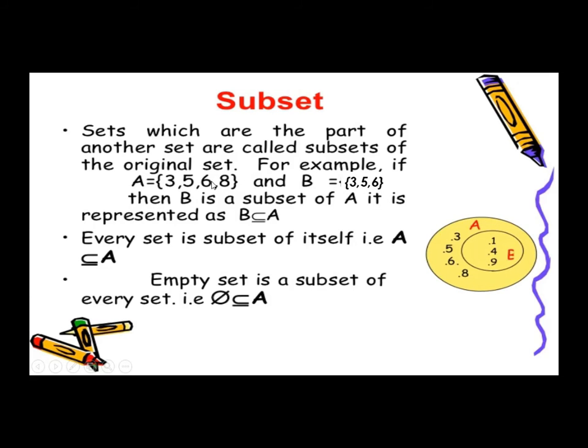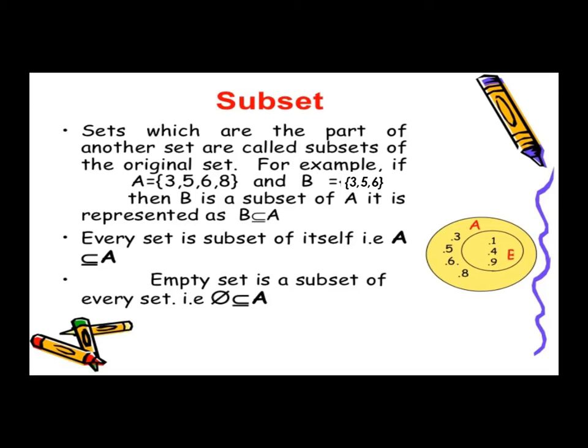Then set A has the element 6 and B also has the element 6 in it. So it means that they have the same members, approximately. It means that from set A we are forming the subset B. Then B is a subset of A. It is represented by B ⊂ A.